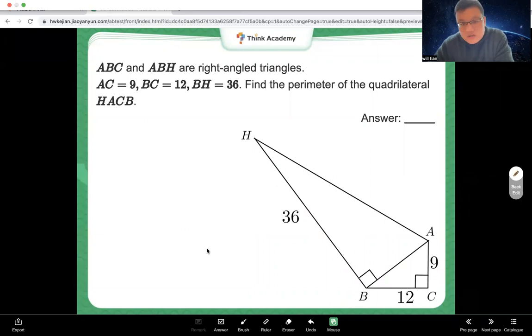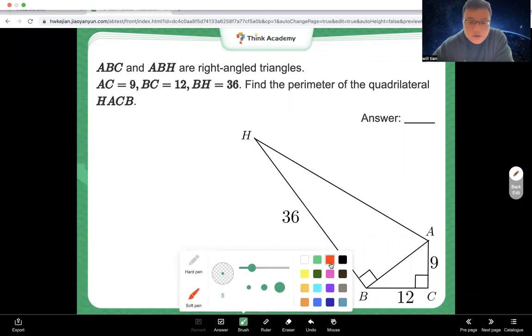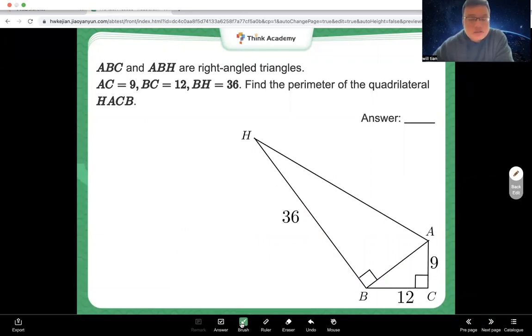Next one, take a look at this page. So basically for this question, you got some right angle triangles. We're going to use the hypotenuse theorem, right? So let's review this formula you learned about right angle triangles. Guys, if you got a right angle triangle, this is a right angle.